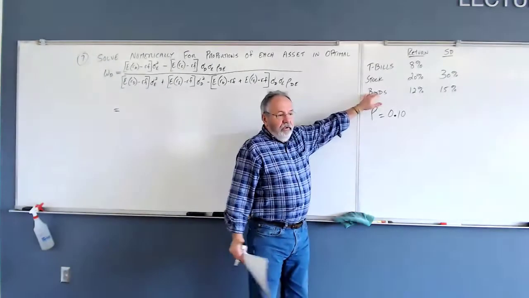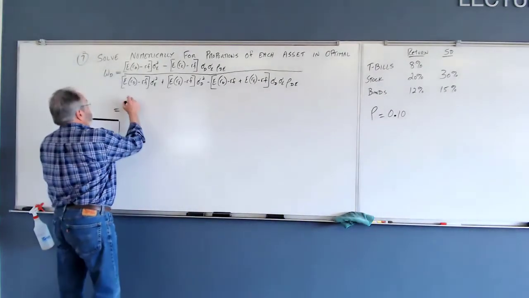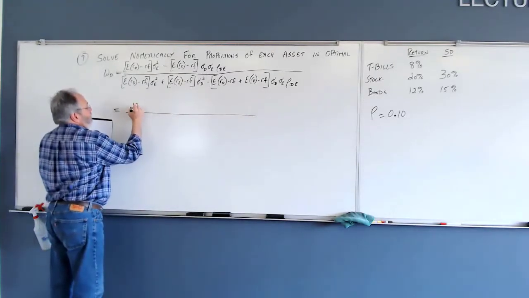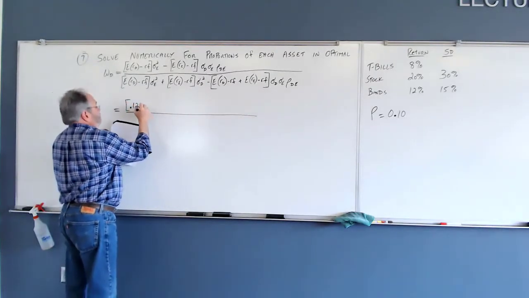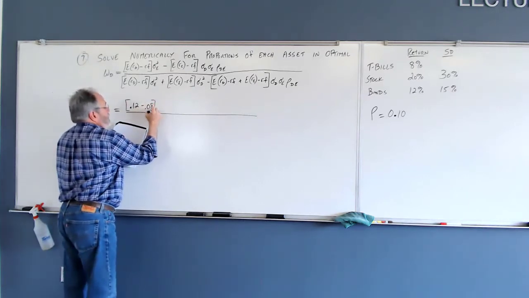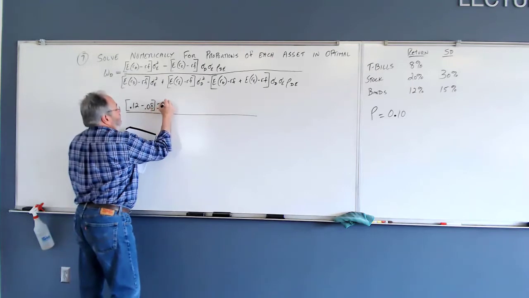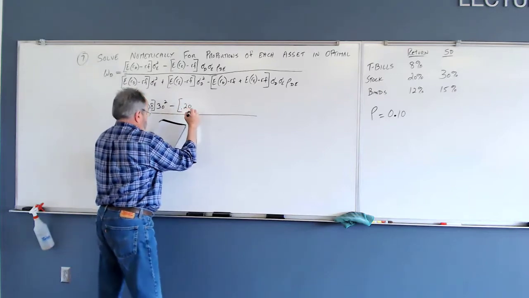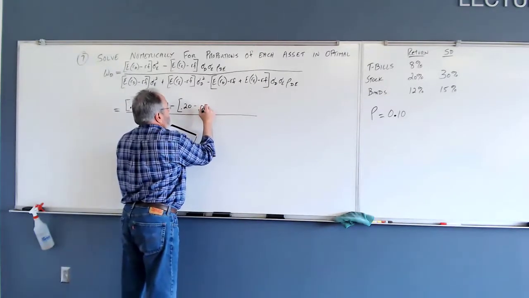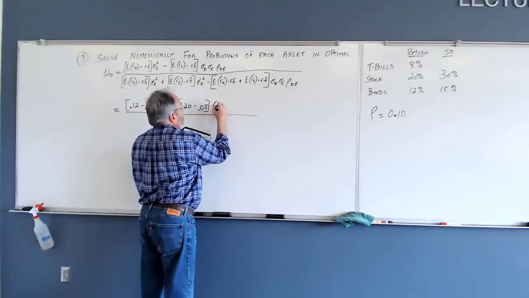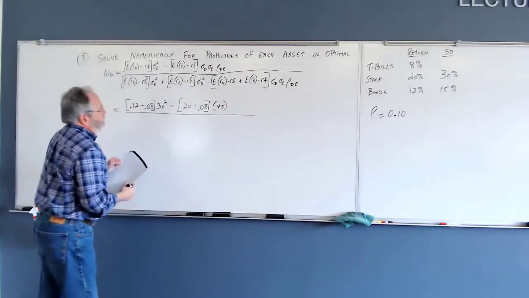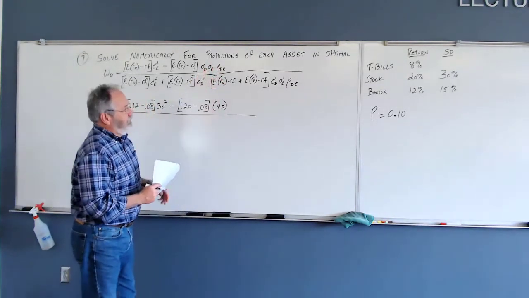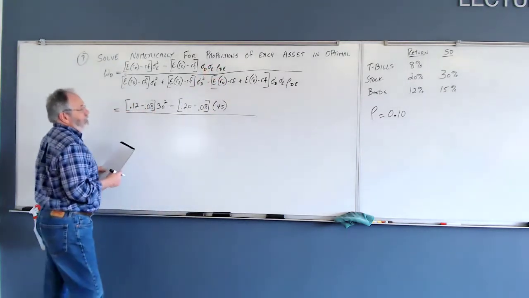You have all the information over here. Of course, we know that sigma debt, sigma equity times correlation is 45. The covariance is 45, right?